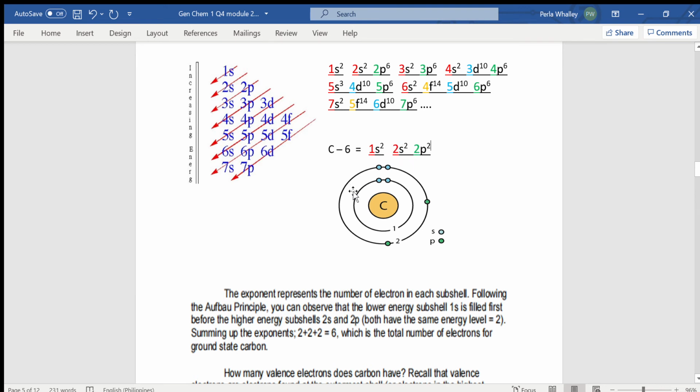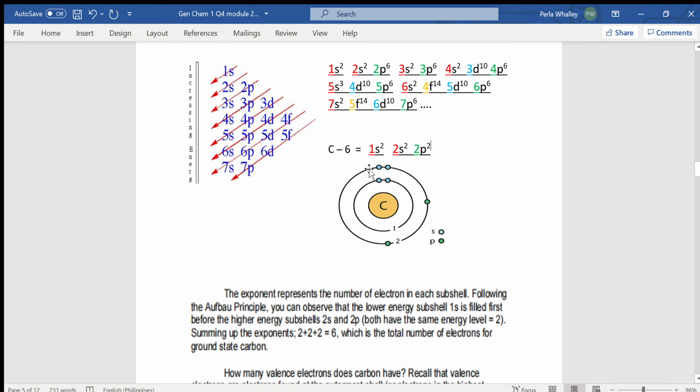So without Bohr's model of the atom, you can identify the valence electrons by just looking at the electron configuration. We have the highest coefficient here, which is 2, and you have two coefficients, so you need to add them: 2 plus 2, valence electrons is 4, which is equal to this 1, 2, 3, 4.